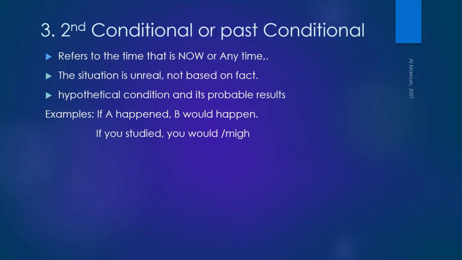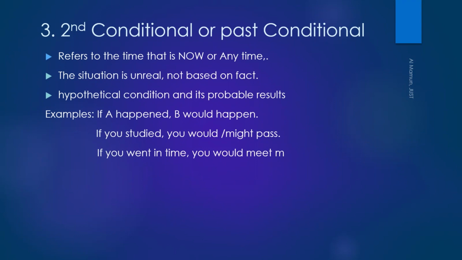If you studied, you would or might pass. So in the first clause you have if you studied, so it states that you did not study, but in case of your study in the past, you would pass. But as you did not study, you have not passed.